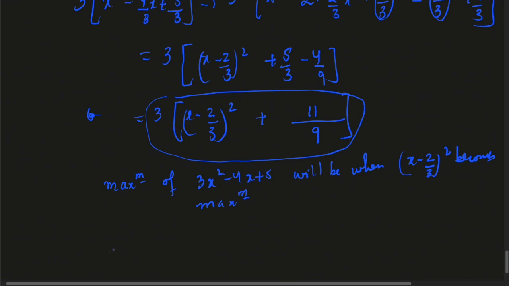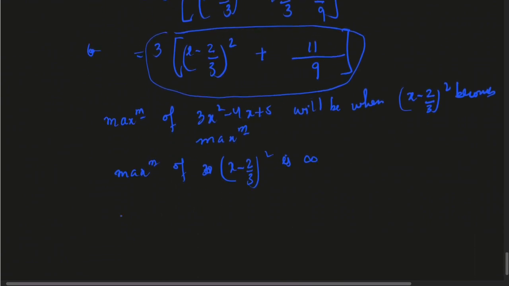So the maximum value of x minus 2 by 3 whole square is infinity, because this is a non-negative term. It can vary from 0 till infinity.